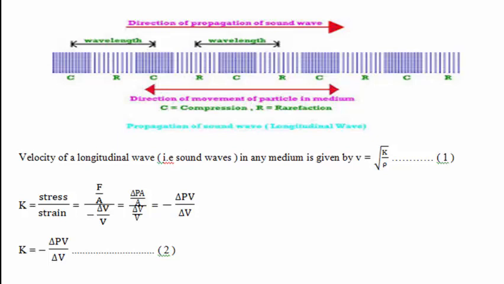Once you simplify, you get K is equal to minus delta P multiplied by V divided by delta V, where delta P is the change in pressure and delta V is the change in volume.